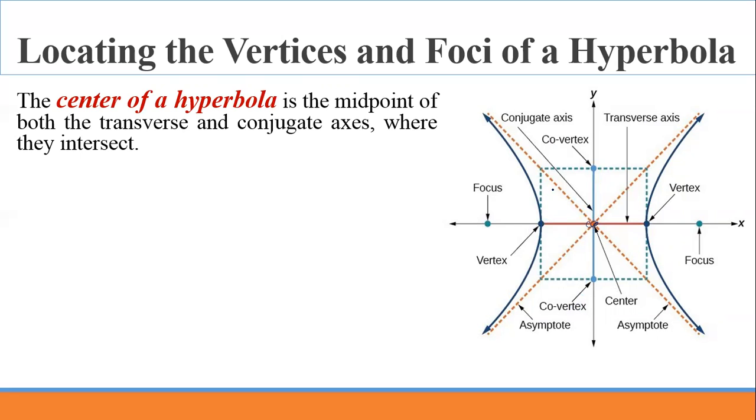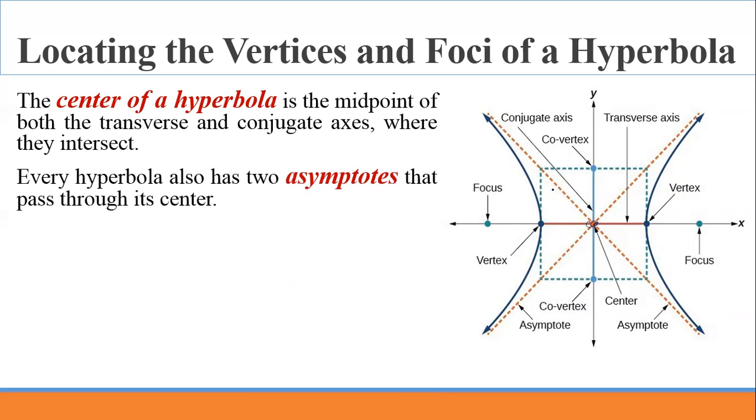And every hyperbola has two asymptotes. Okay, so ano yung two asymptotes na yan that pass through its center? Looking at our diagram, ito yung dalawa niyang asymptotes, passes through the center of the hyperbola.